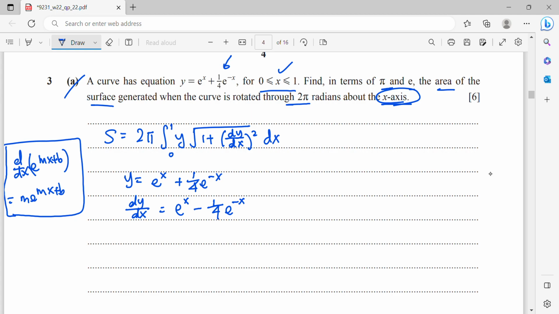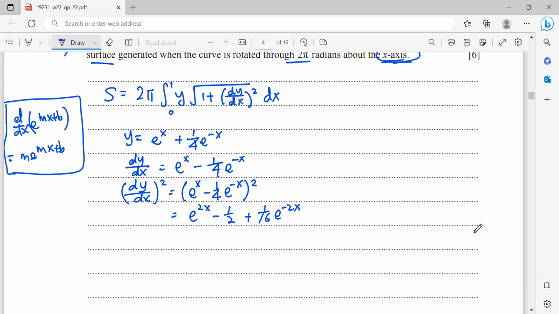Now, we may square the dy/dx first before you substitute into the formula. When you square these two terms, you will get e^(2x) minus 1/2 plus 1/16 e^(-2x). Okay, so now let's substitute into the formula.